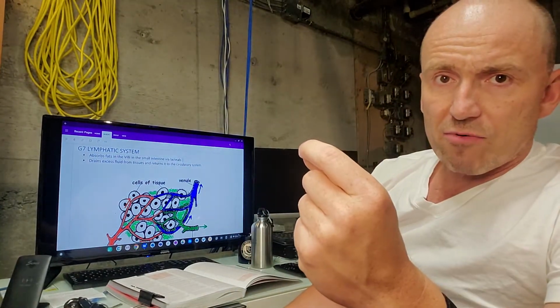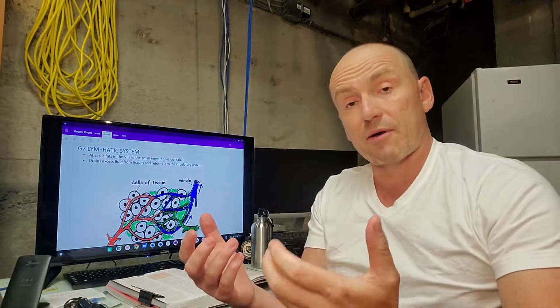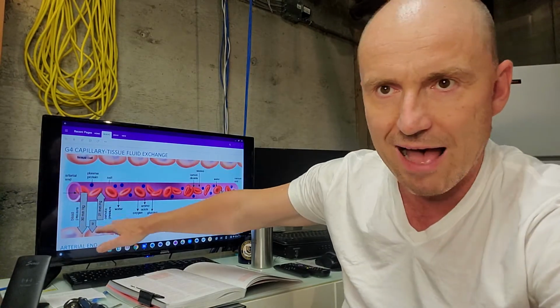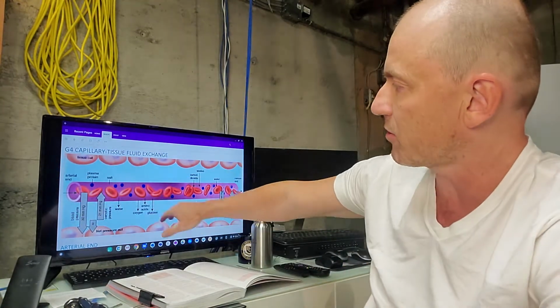Another major role of the lymphatic system, we've talked about this earlier in this unit, is to drain excess fluid. Remember capillary exchange? Let's go there. There it is, capillary fluid exchange. At the arterial end, we've got blood pressure pushing water, plasma, out of the capillary. It all goes out and fills the tissue fluid.